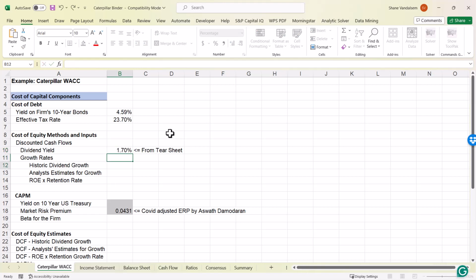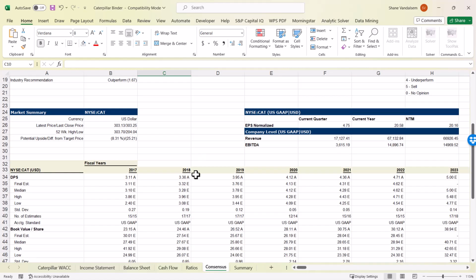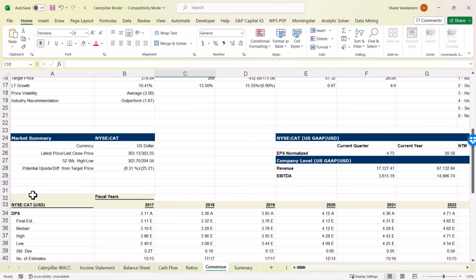And then we're going to calculate the historic dividend growth rate. In order to get that information, I'm going to go out here to the consensus tab, and this is an estimates tab. And what you see here is DPS, which stands for dividends per share.